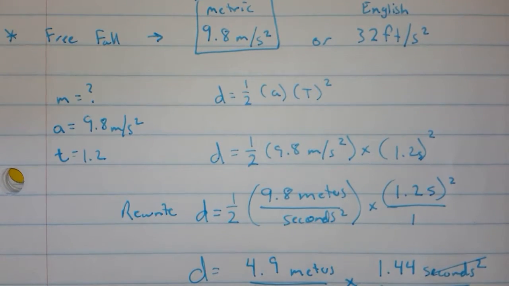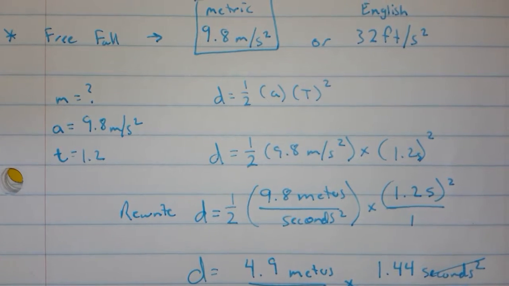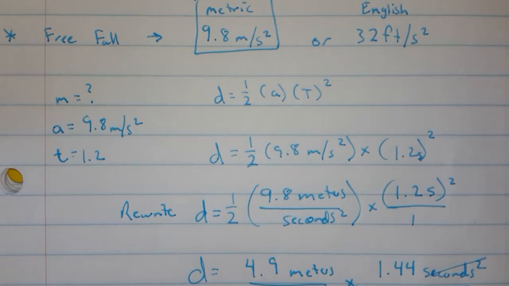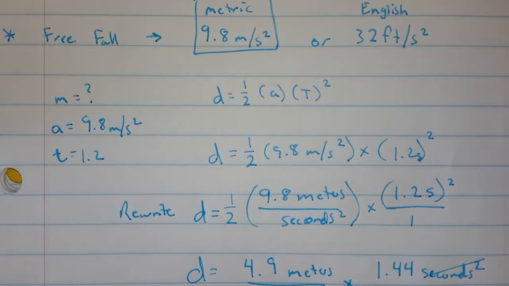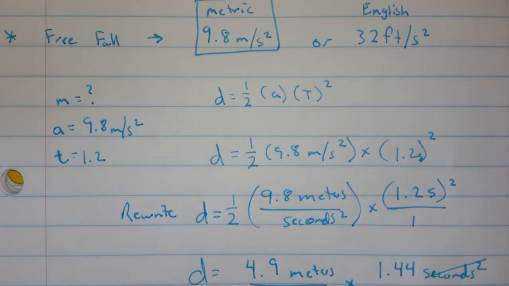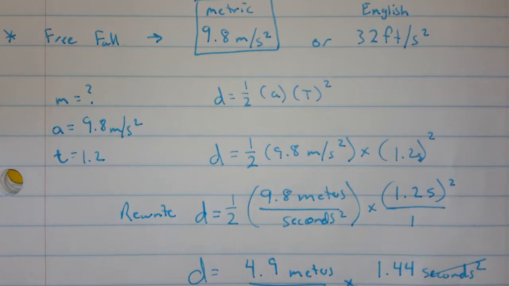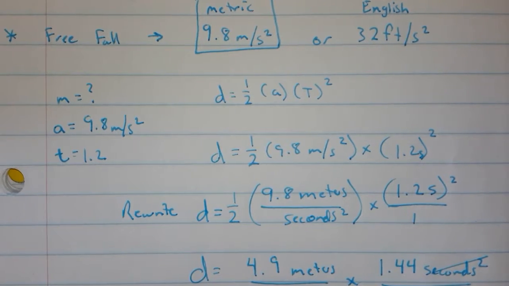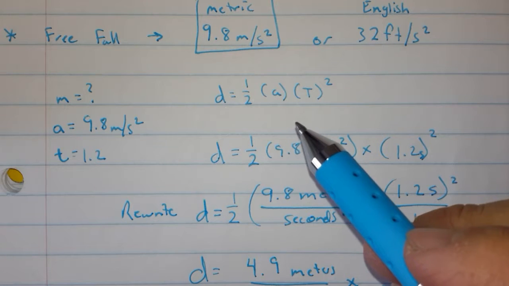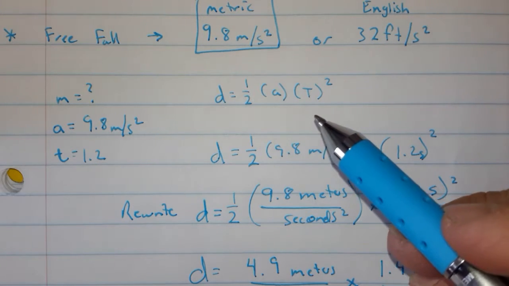So now we multiply 4.9 meters times 1.44 and we get 7.056 meters. And the question is saying how many meters did the rock fall?